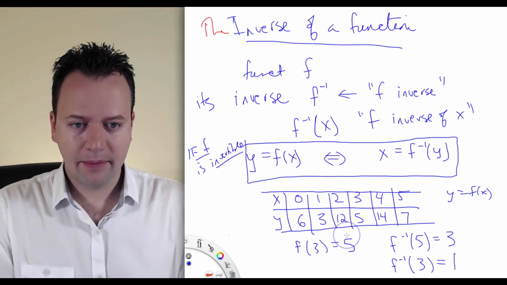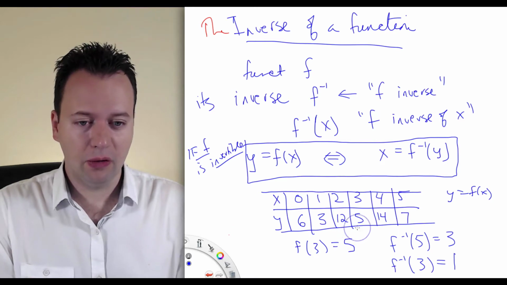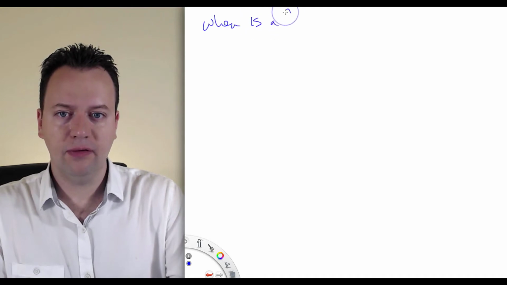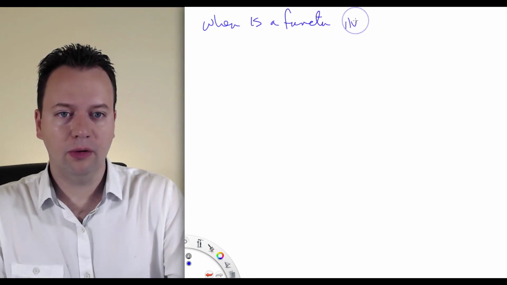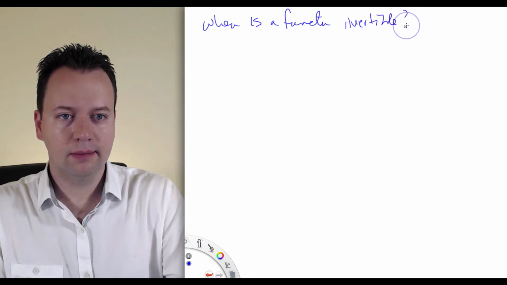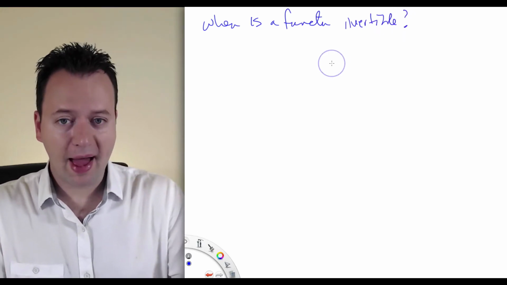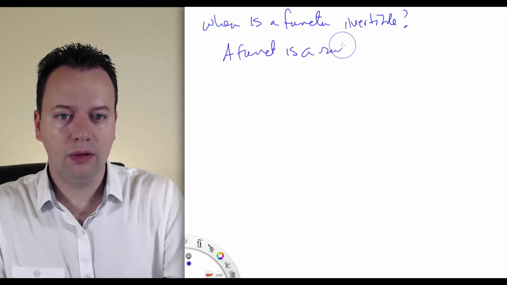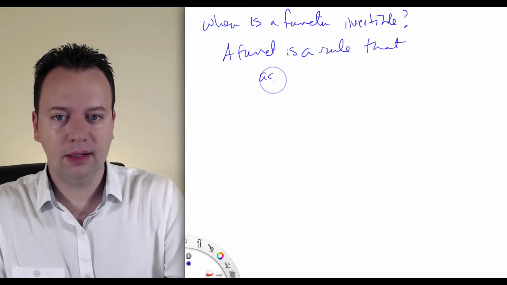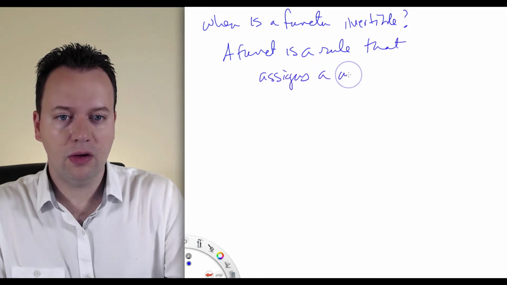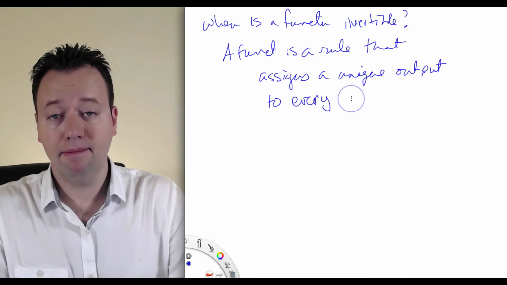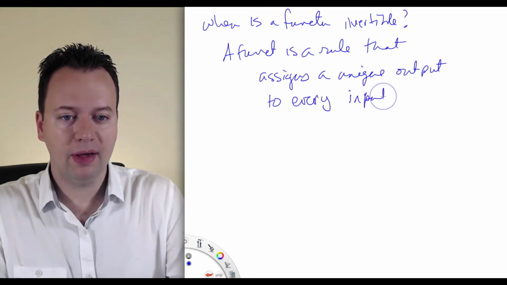So when is a function invertible? Let's go back and write down what a function is. A function is a rule that assigns a unique output to every input, so every element of the domain.